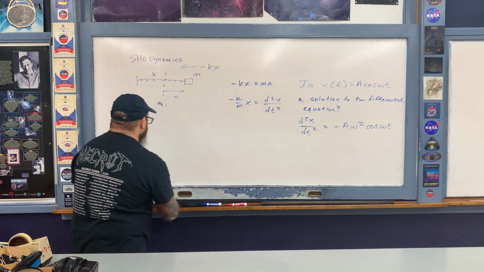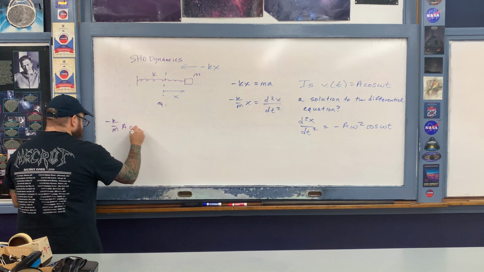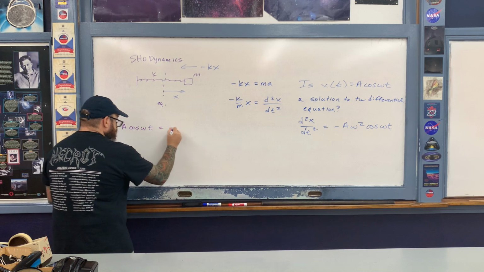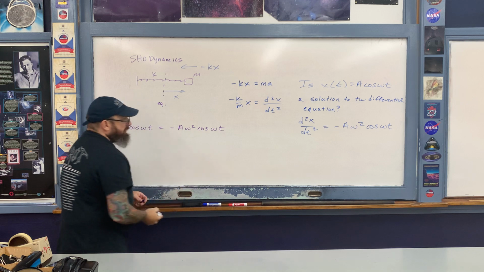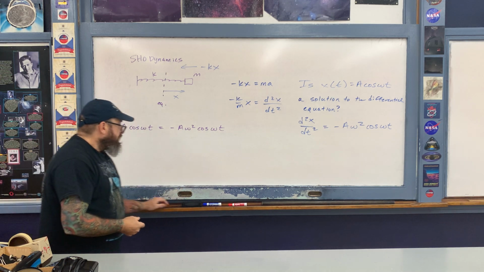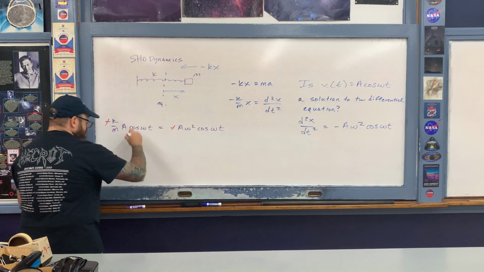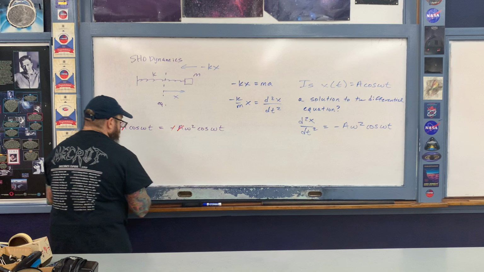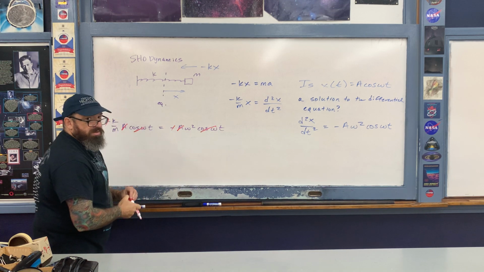Okay, so first of all, on the left, I have negative k over m times x equals the second derivative on the right-hand side of the expression, like so. And then when I write this, notice that a bunch of things start to cancel out. So first of all, the negative signs cancel here and here. The amplitude cancels here and here. And the cosine omega t cancels here and here. And then here's what's left.